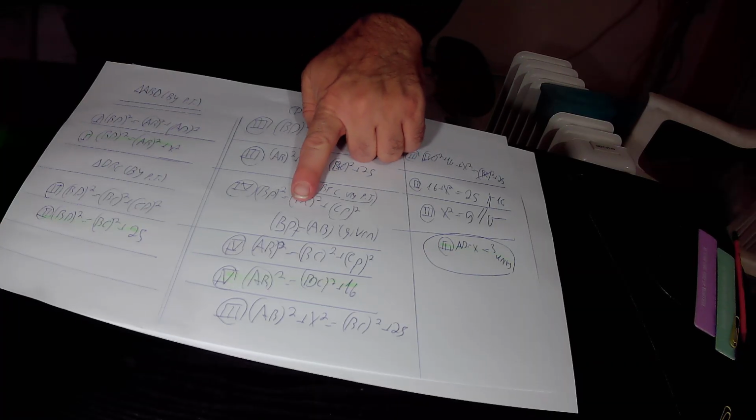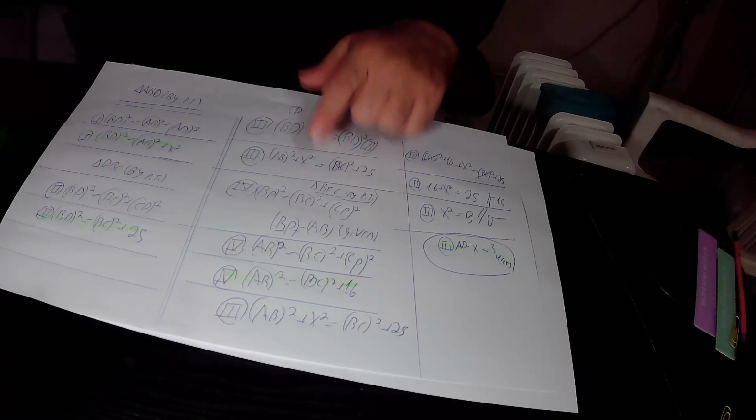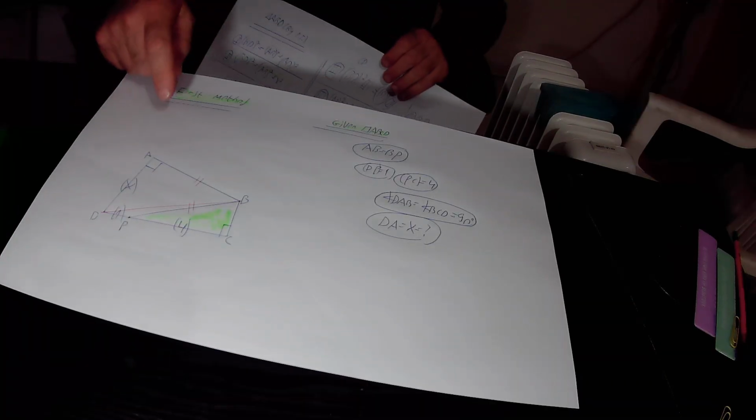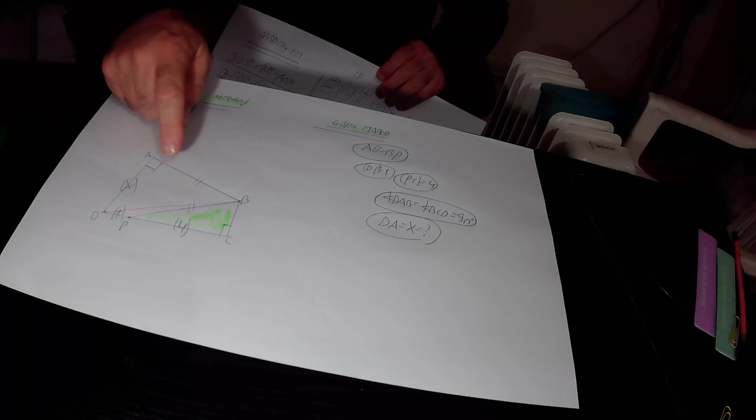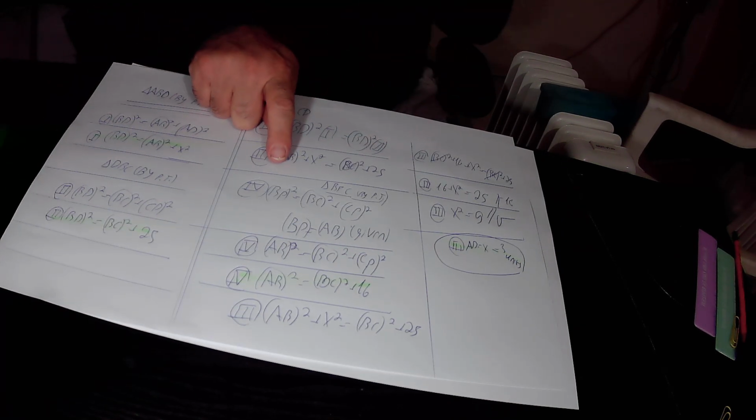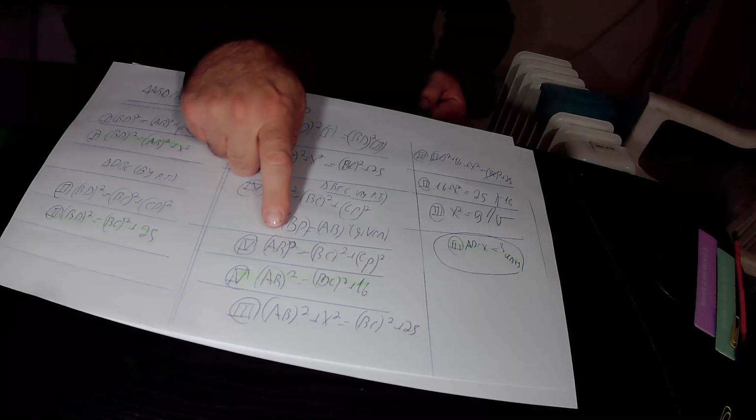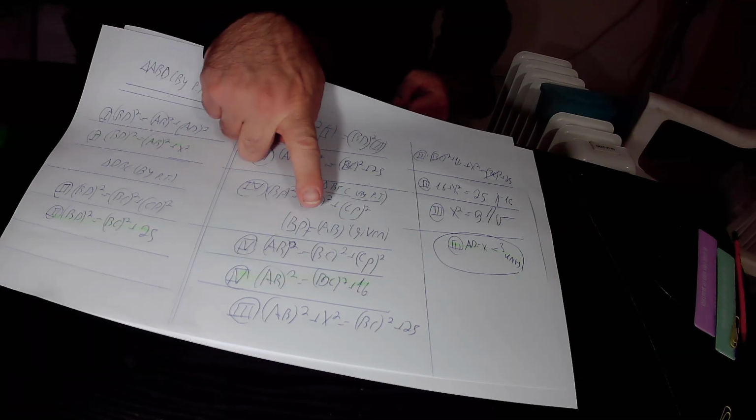But it is given that BP equals AB. So we can substitute BP in this equation by AB. BP equals AB, therefore BP squared is AB squared, which equals BC squared plus CP squared.